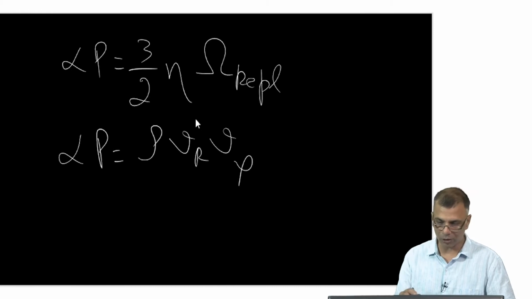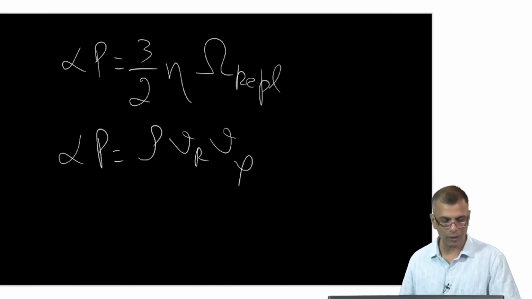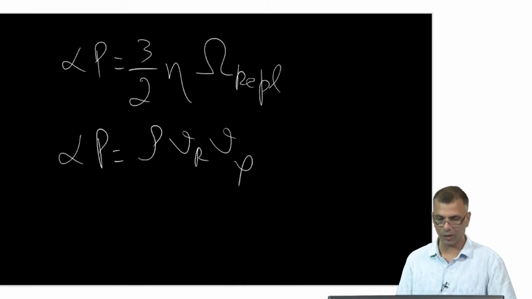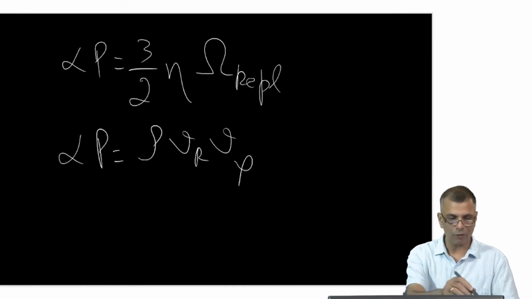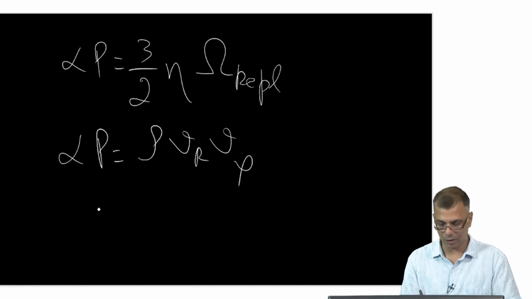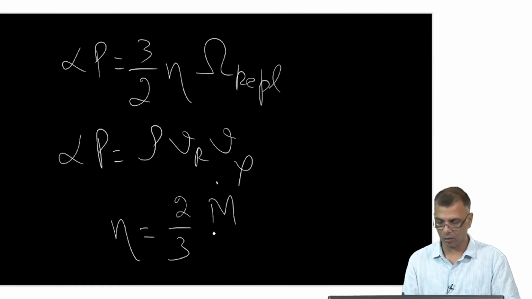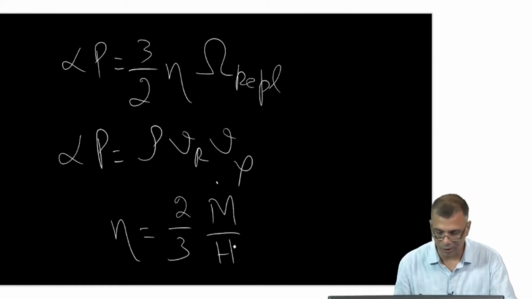And again, substituting for the radial velocity in terms of the accretion rate, using the accretion rate to get rid of this Vr radial velocity, we get the following very interesting expression for the viscosity parameter. This is equal to 2/3 M dot over h. Why is this interesting?